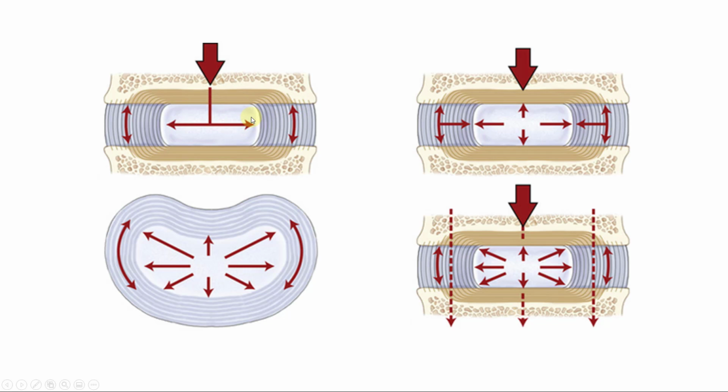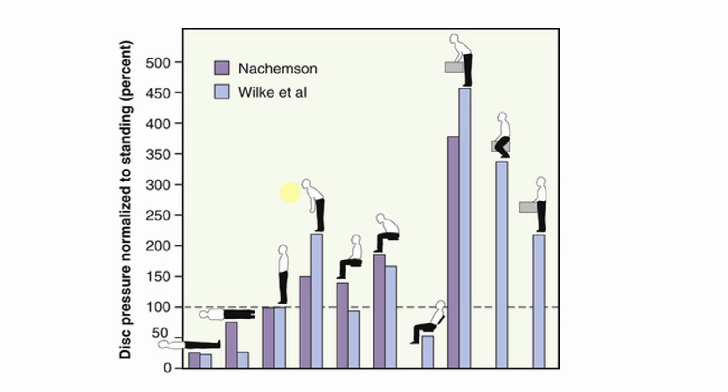And vertical loading doesn't really affect the disc so much. So it's not that the loads being compressed were the problem. What ends up happening is more movement of the pelvis and rotation that ends up causing more damage. And so these are two different popular researchers that looked at total disc pressure, normalized at 100% at just standing.